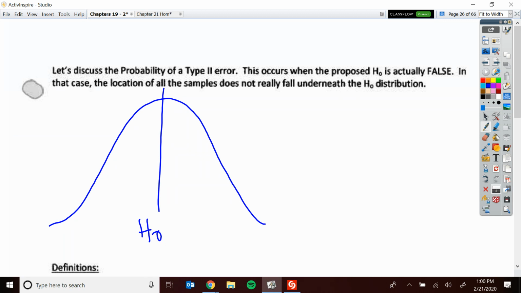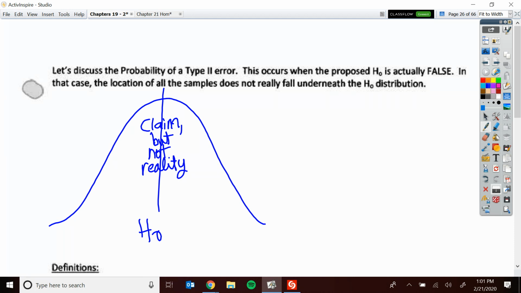That is where the data is claimed to be. However, for a type 2 error to occur, the data is not there. So this is the claim, but not reality. That is the claimed data, but not the reality of where the data is located.